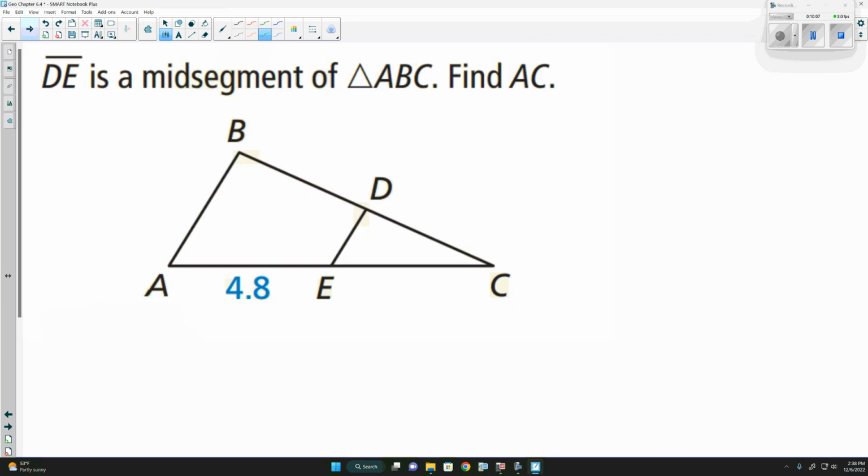Okay, where does this trick come into play? So what's EC? 4.8. EC. Mm-hmm. Yep.